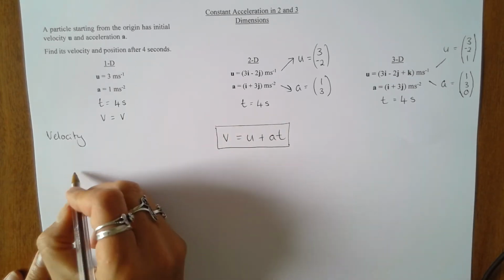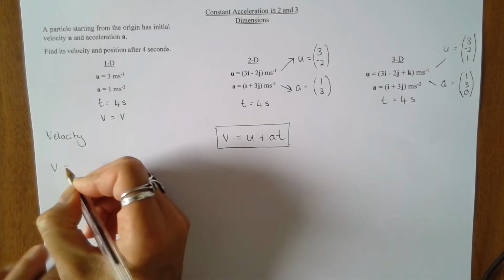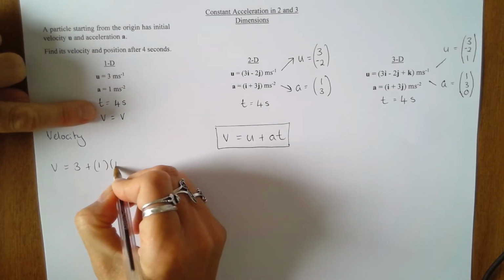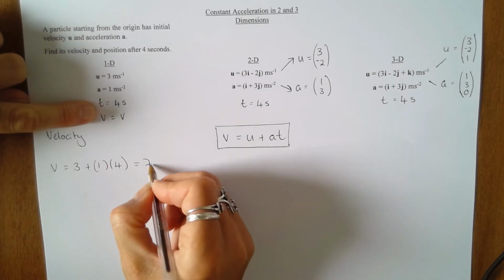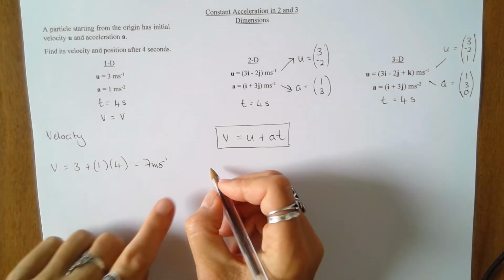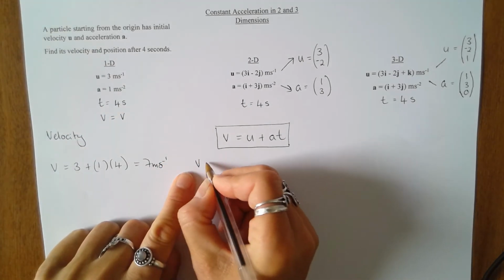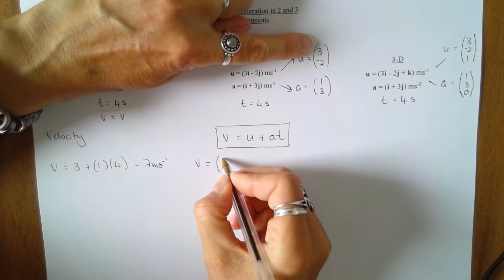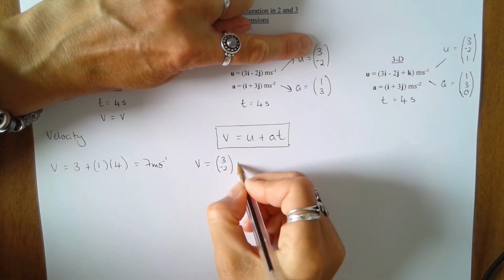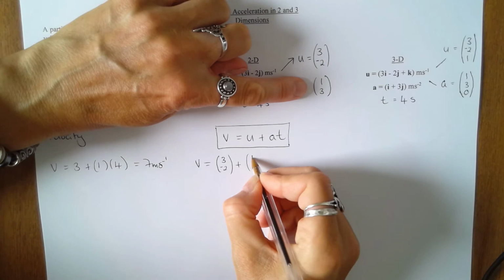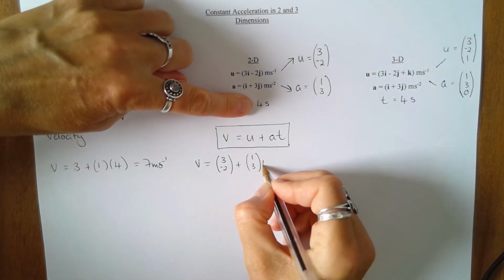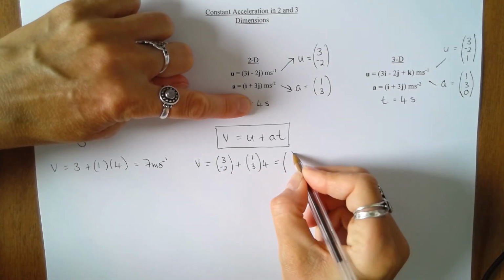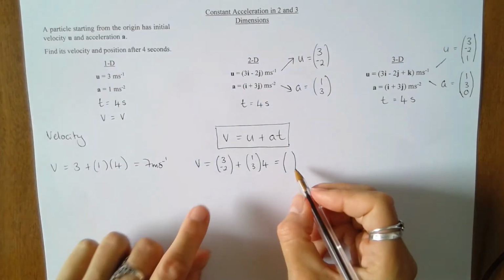In one dimension, it's very simple. v equals u plus at, 3 plus 4, which is 7 meters per second. In the second scenario, v equals, and now I'm going to use the column vector format, u plus a multiplied by t, and as there are 2 rows in my columns in the equation, there'll be 2 rows in the final answer.